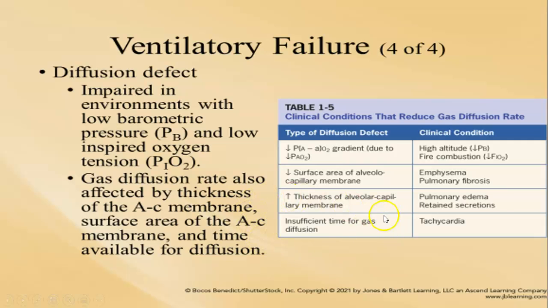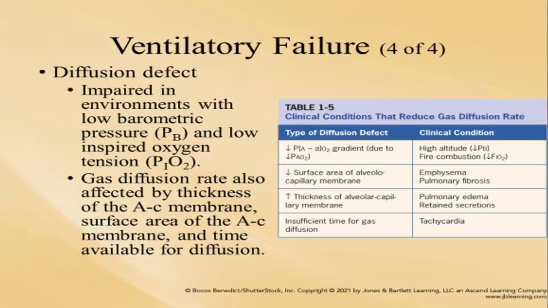You can also have insufficient time for gas to diffuse, and that would be seen with somebody who has bad tachycardia, high heart rates, because the blood is going too fast through there. People with dysfunctional rhythms that result in tachycardia have blood cells going by too fast, and there's just not enough time.